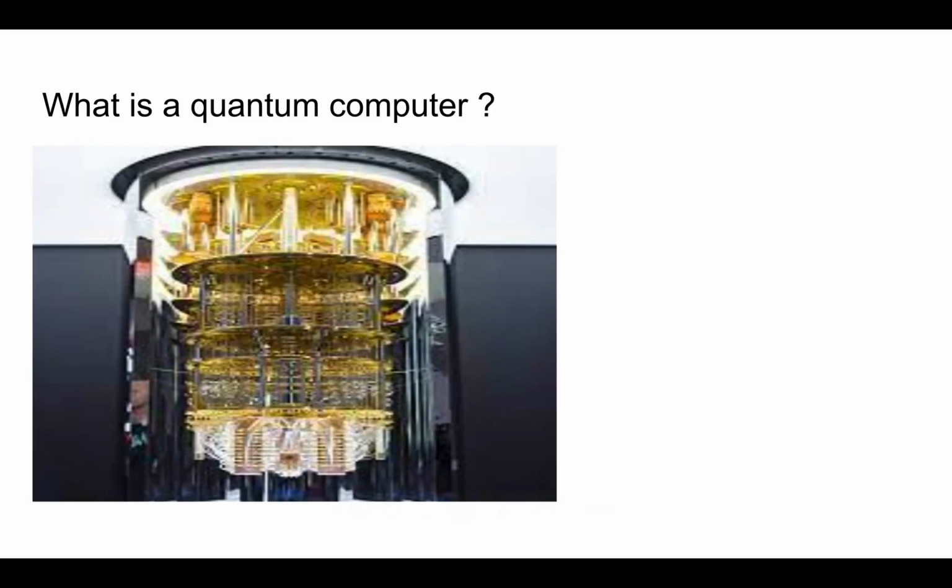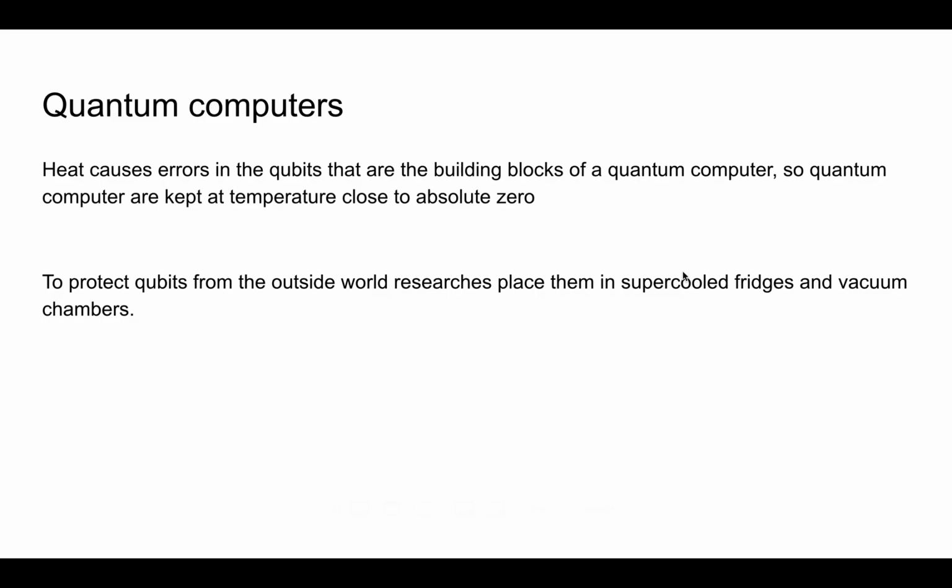So what is a quantum computer? A quantum computer is actually stored in a very cold environment, close to absolute zero. This is because qubits are very sensitive, and the quantum state is very fragile.